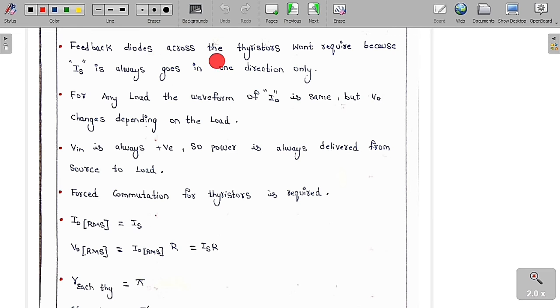Feedback diodes across the thyristors won't be required because IS always goes in one direction only.